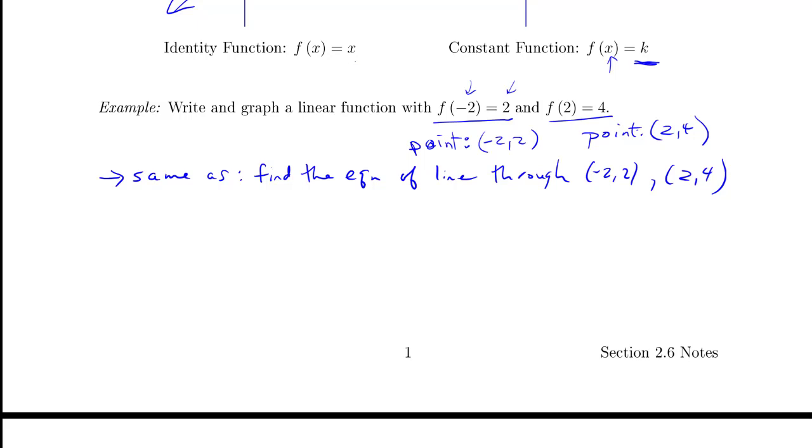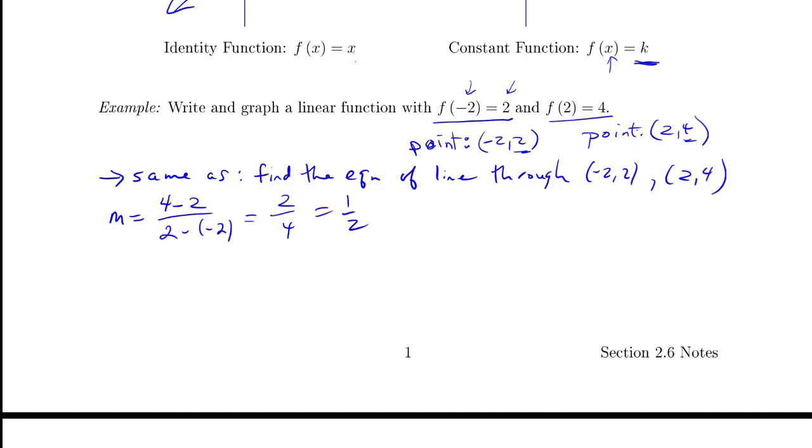So let's see. If we want to do this, we would first have to find the slope, which would be 4 minus 2, the y value here minus the y value there, over 2 minus negative 2. So that would give us 2 over 4, and that gives us 1/2.